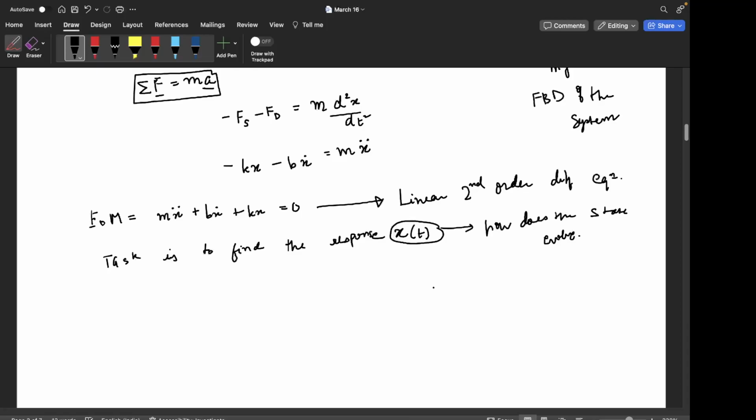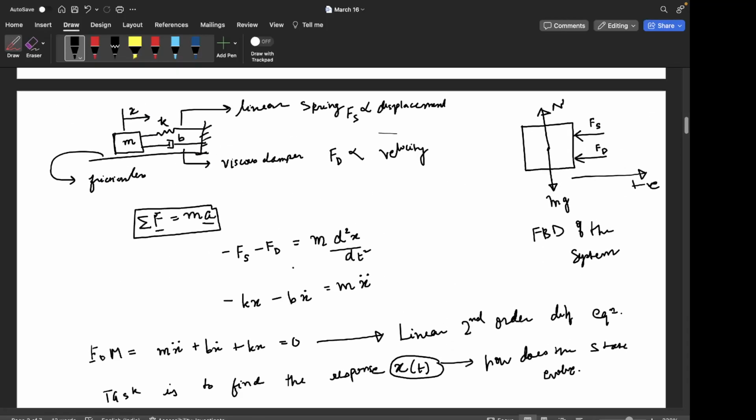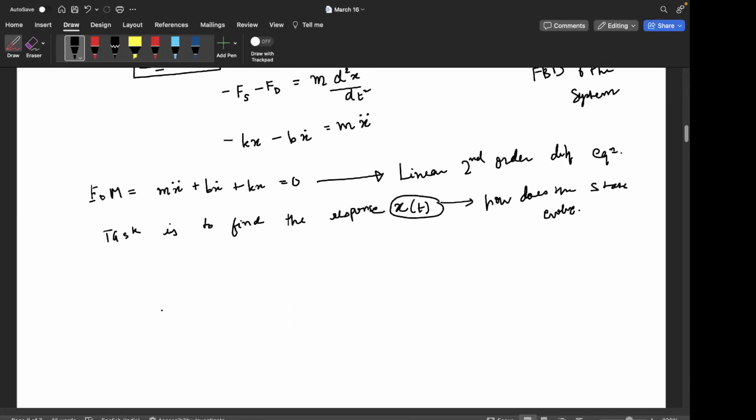Okay, so for that we would need to solve this differential equation, right? So how to solve m x double dot plus b x dot plus k x is equal to 0, right?